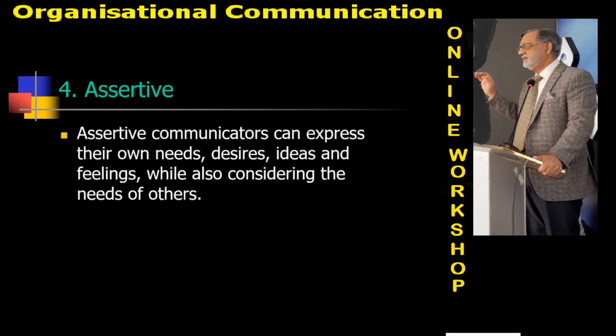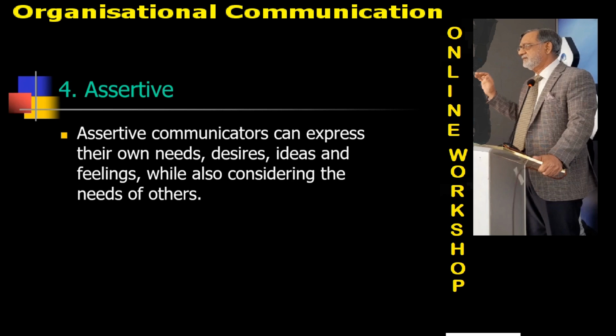Then we have got assertive. Assertive communicators can express their needs, desires, ideas, feelings, while also considering the needs of others. Assertive means somebody may not be aggressive, somebody may not be that annoying, but somebody is putting his or her foot down, stressing that, well, this ought to be done, and this is how we are going to go about doing things.